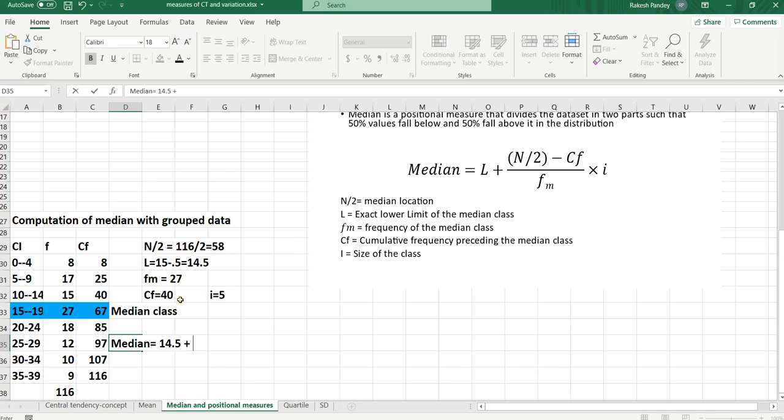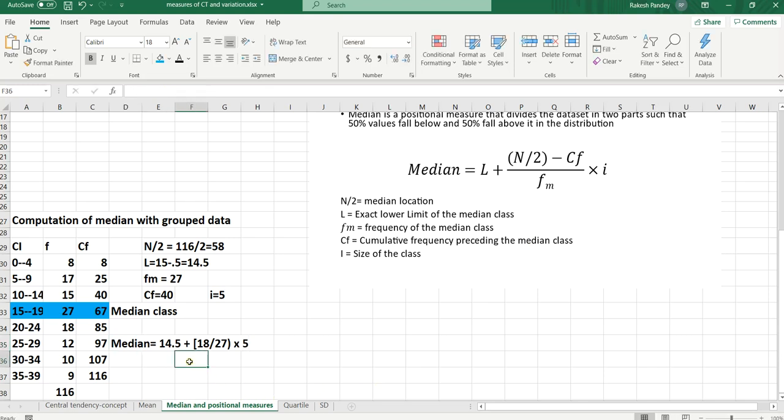I am doing the computation directly here. n by 2 is 58 and CF is 40. So 58 minus 40 is 18. I am putting a bracket here, 18, and this will be divided by the frequency of the median class, which is 27, and then we will multiply it by the size of the class, 5.